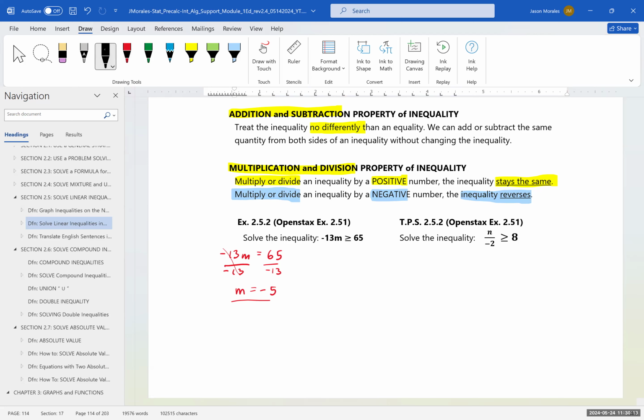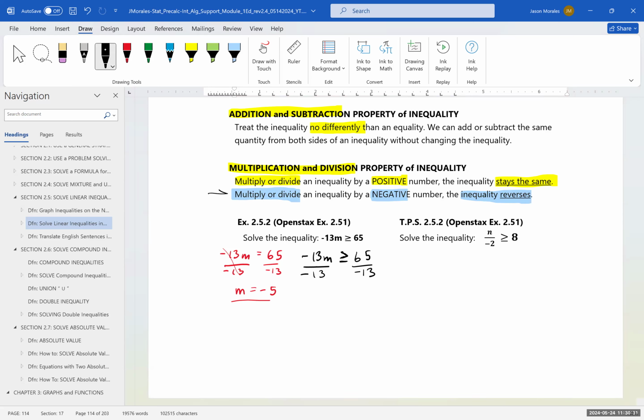You're going to do the exact same thing. Don't let the fact that we've got an inequality here trip you up. We're going to divide both sides by negative 13, just like we just did.